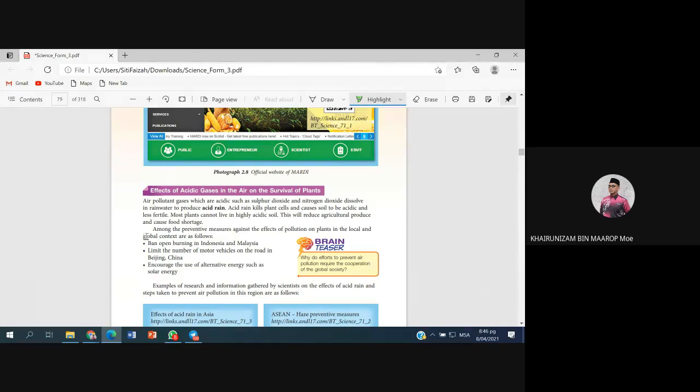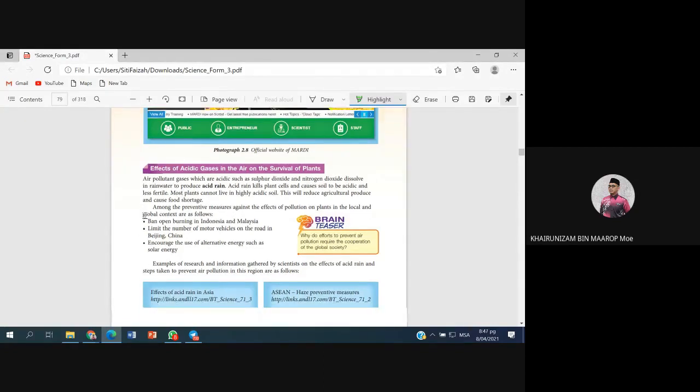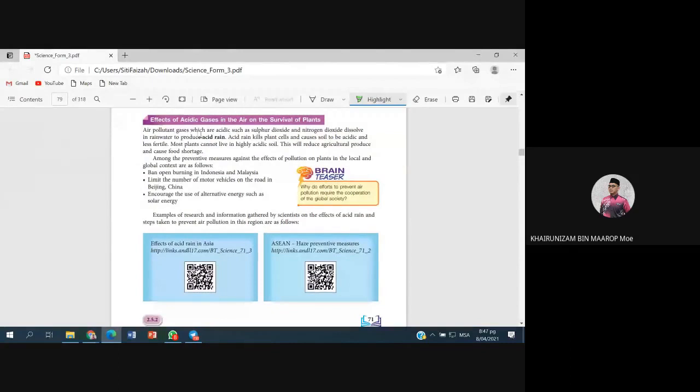But the effect of acid rain, look here. Air pollutant gases which are acidic, such as sulfur dioxide produced from industry, and nitrogen dioxide dissolve in rainwater to produce acid rain.